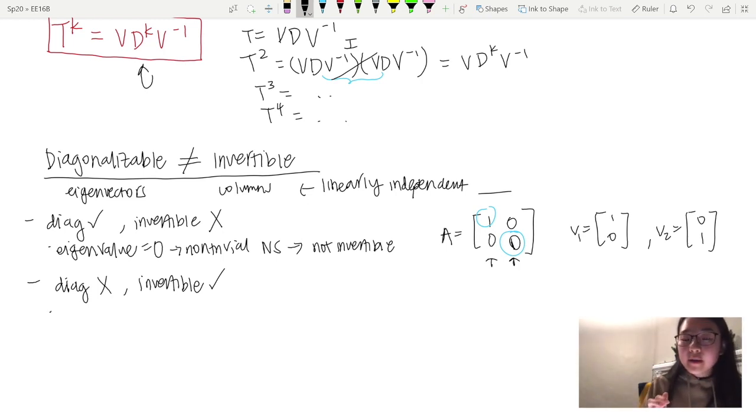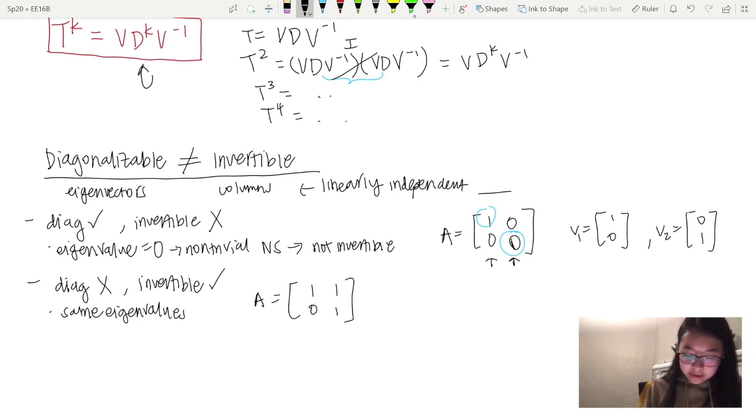On the flip side, this must mean that the columns are linearly independent, but there are repeated eigenvalues, because remember, if you have the same eigenvalues, that causes the result to be just one eigenvector, and you no longer have a full set of independent eigenvectors. So an example of this is 1, 0, 1, 1.